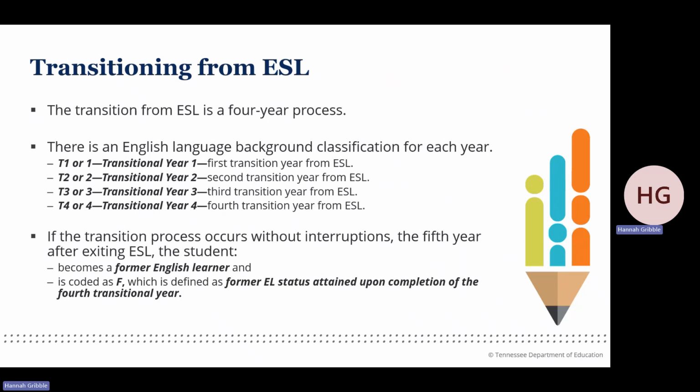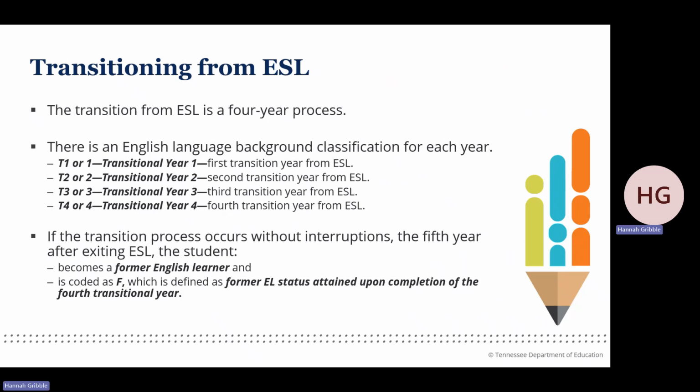T1 or 1 is transitional year 1, the first transition year from ESL. T2 or 2 is transitional year 2, the second transition year from ESL. T3 or 3 is transitional year 3, the third transition year from ESL.